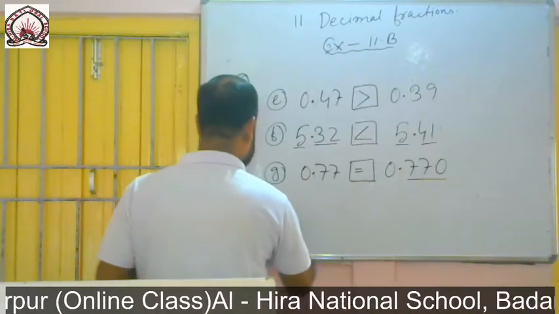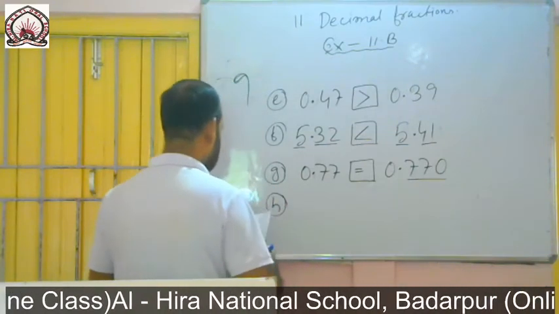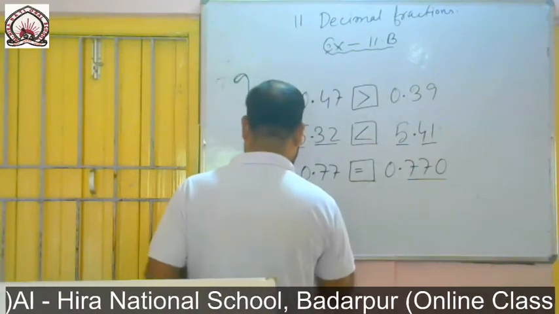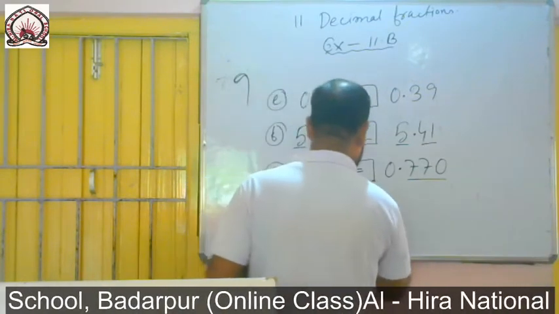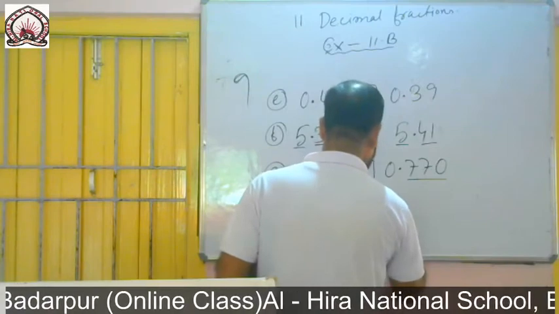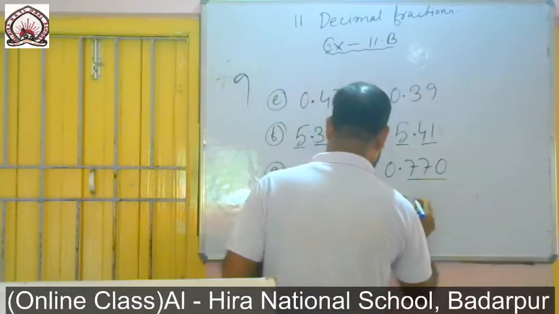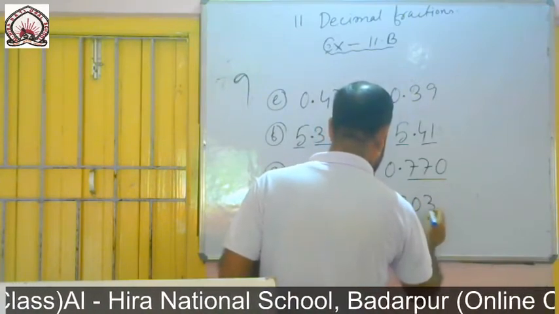Next, question number H. 0.83 box 0.803.